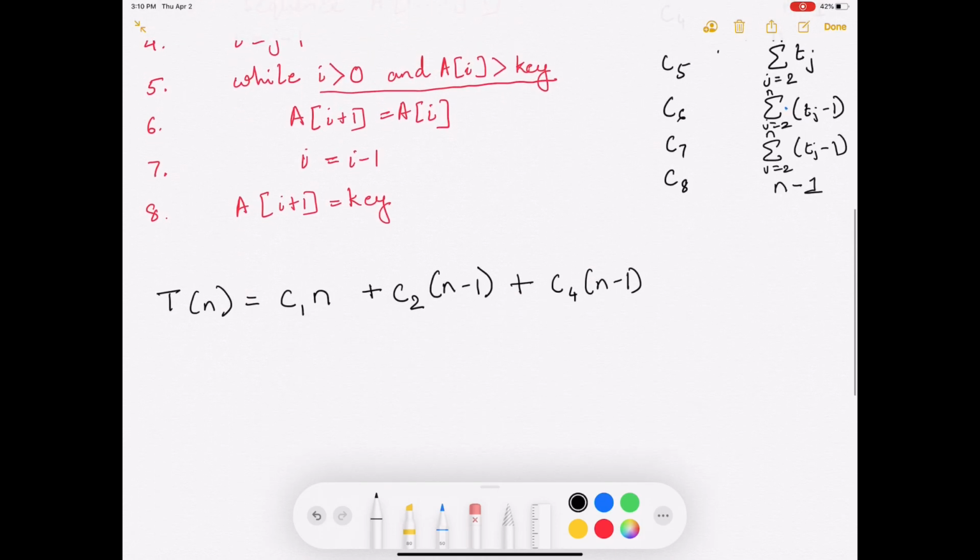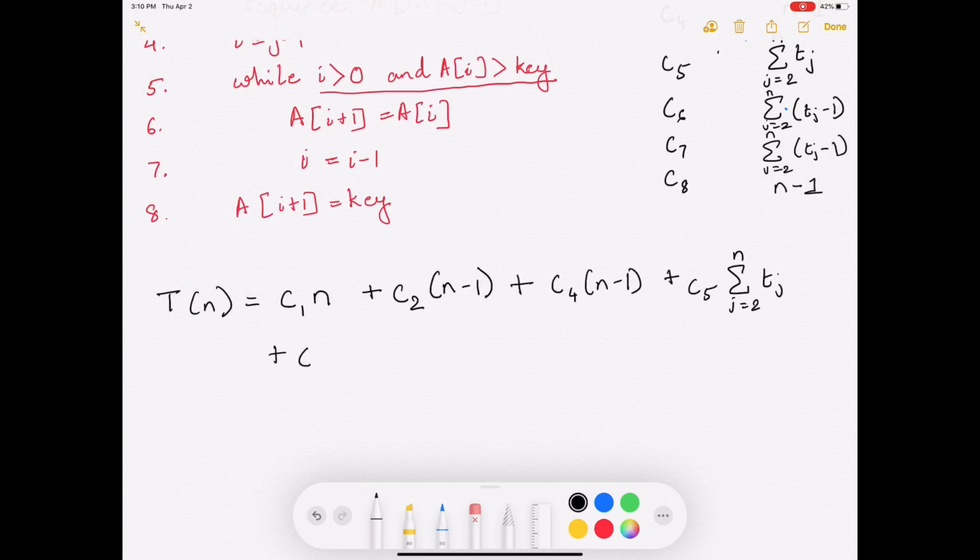Now line 5 executes tj, j running from 2 to n. So you're multiplying the cost and the number of times the line executes, because that's the total runtime of that line. So that's why we have to multiply with the c's.